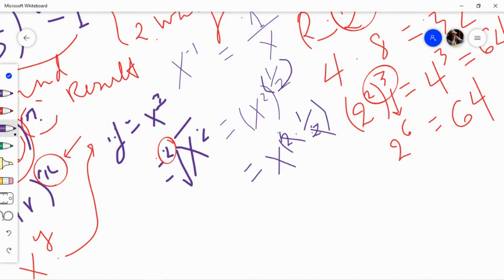They cancel out. So it just becomes x to the 1, x itself. That's why when you take the square root of x squared, it becomes x, right?